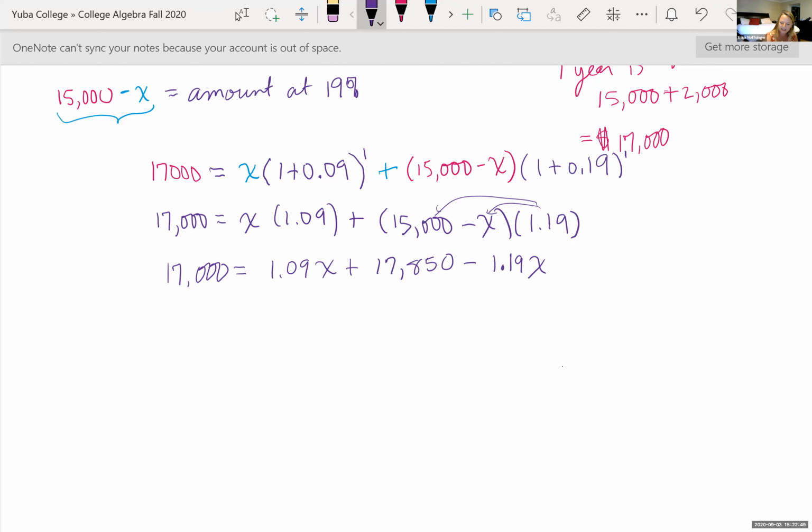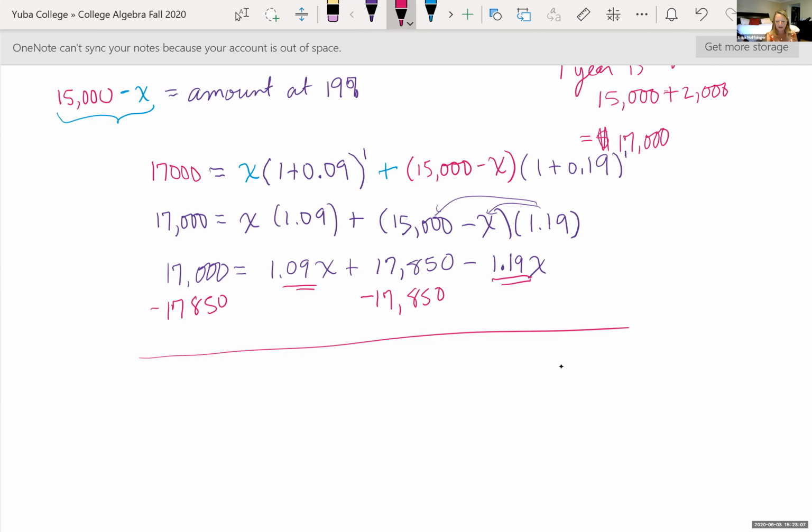Let's subtract to get the numbers without the variables to one side. So let's subtract 17,850 from both sides, and at the same time, on the other side, let's combine those like terms. My larger number is negative. So 17,850 minus 17,000 is 850, but the larger one was negative, so this is negative 850 equals 1.09x minus 1.19x.